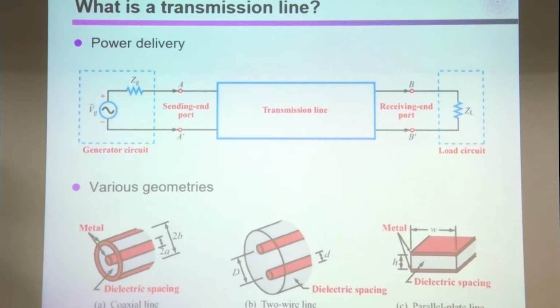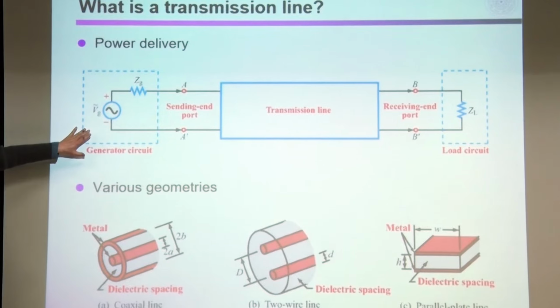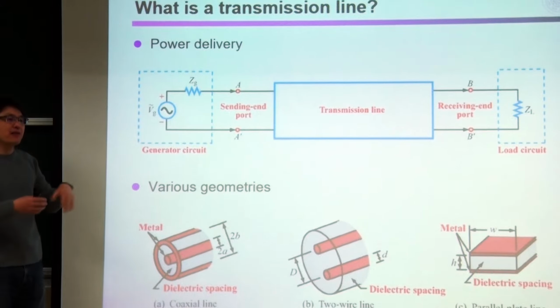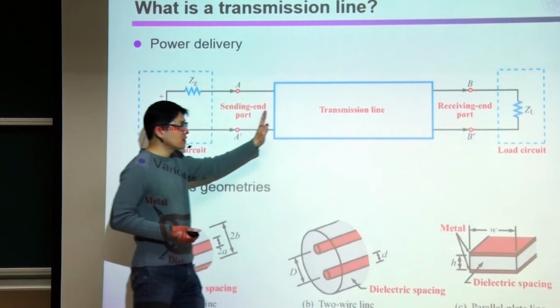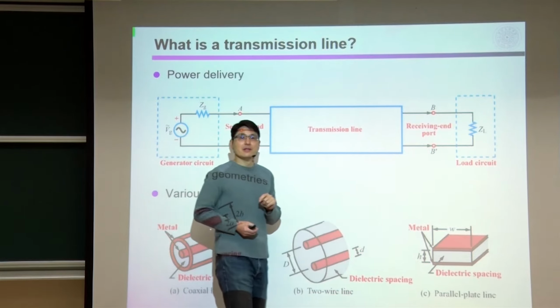Okay? So you have your generation circuit. This is maybe the dam, the reservoir, maybe you can generate power using water, and then the power is somehow generated, stored, and then delivered over a very long distance to us.